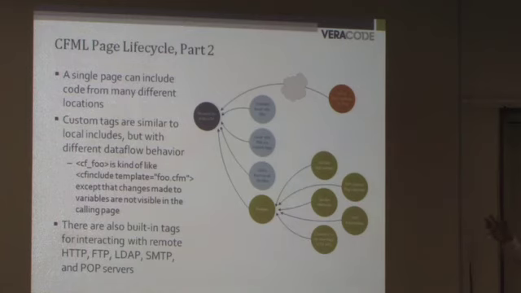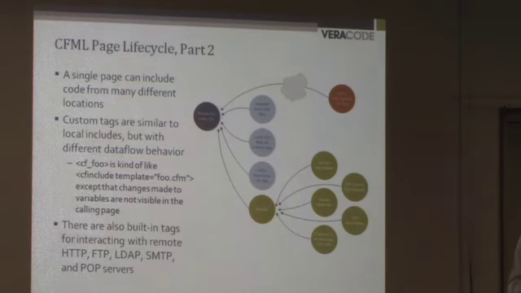But you can also create your own tag, which is implicit. You don't have to say, define anywhere cf_foo. But if you create a tag called cf_foo, then what it's going to implicitly do is a cf include template equals foo.cfm.